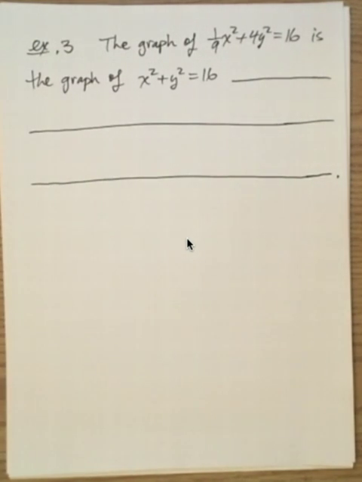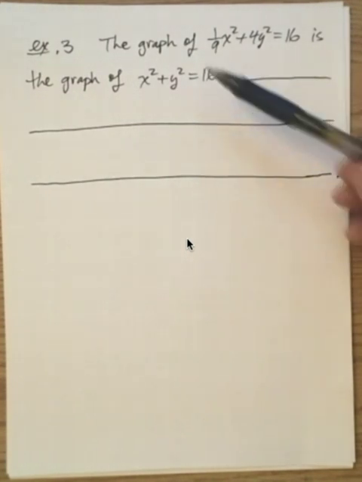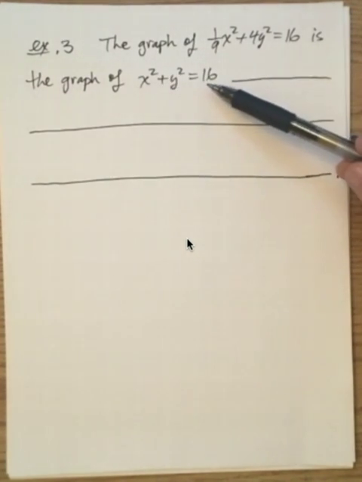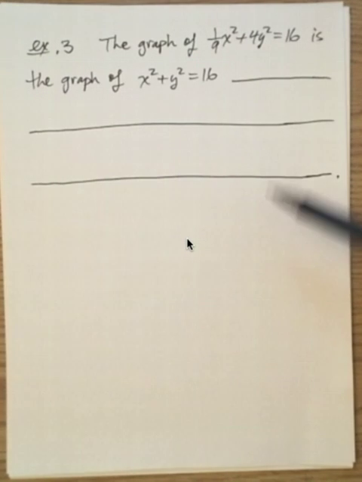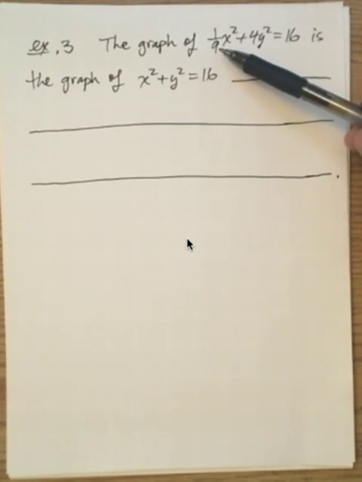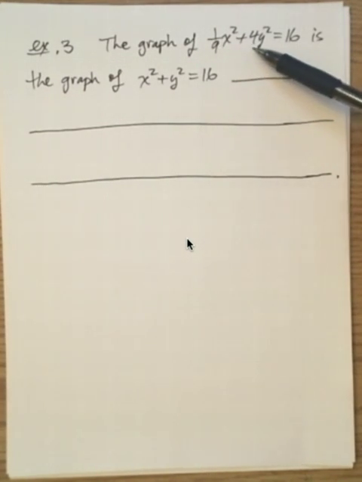Okay, we want to take a look at another problem here. Notice in this particular question, I'm starting out with x squared plus y squared equals 16, which is the circle centered at the origin with radius 4 this time. And this time you've got to notice that I'm messing with both the x and the y.